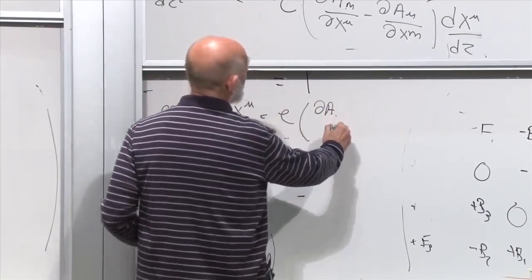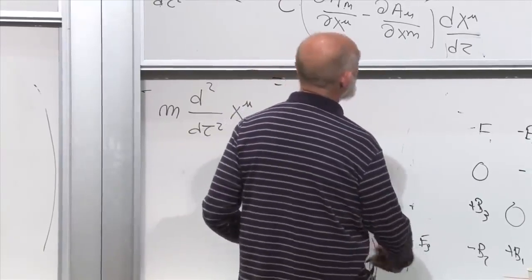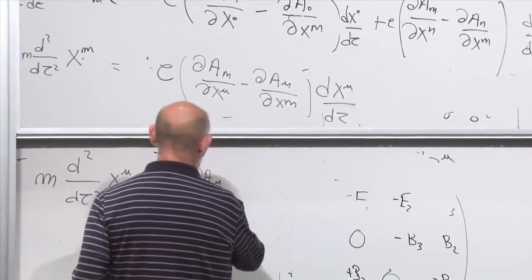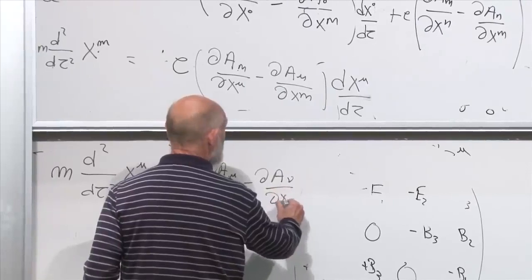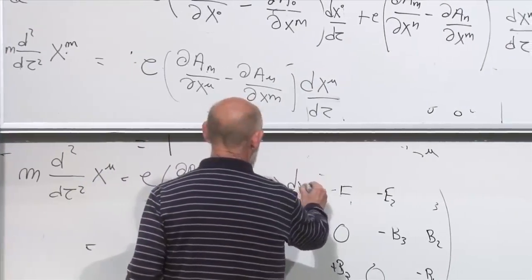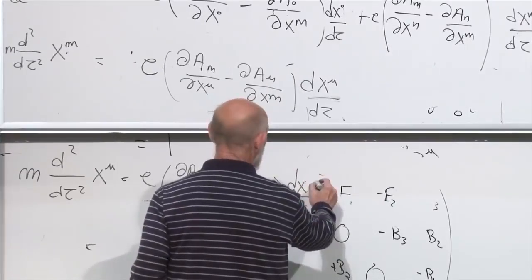What do I have here? The derivative of A mu with respect to x nu minus the derivative of A nu with respect to x mu, times dx mu by d tau. No, dx nu by d tau.